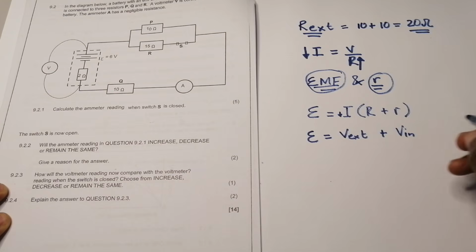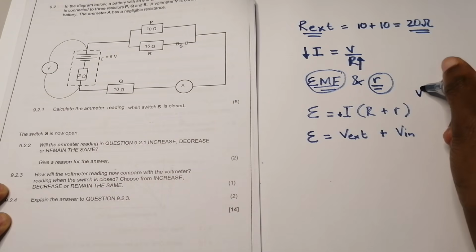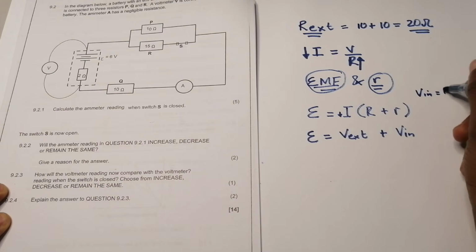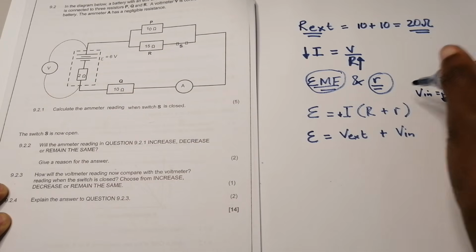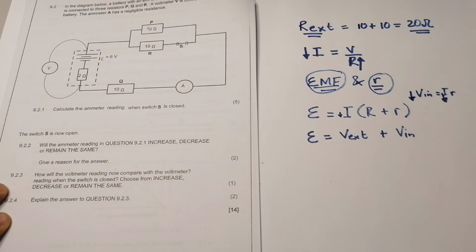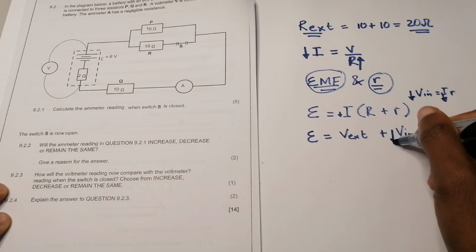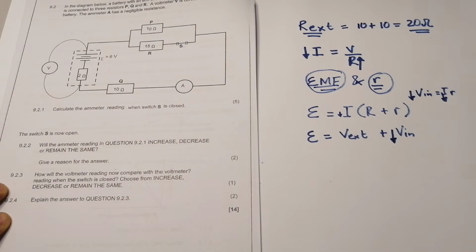So what is that going to do? Remember, V internal is current multiplied by R internal. Current has decreased, this stays the same, so as a result, what's going to happen to our V internal? It's going to decrease. So note that V internal has decreased.